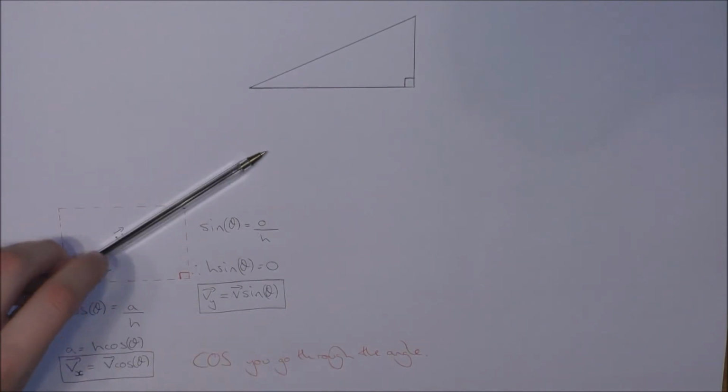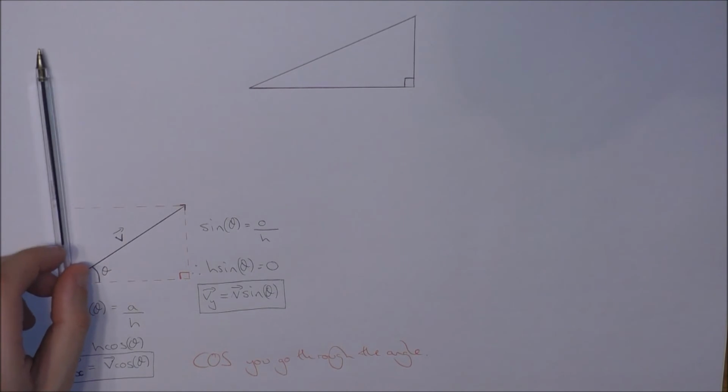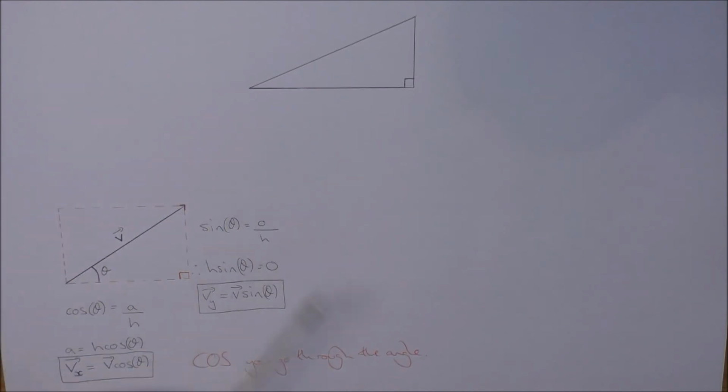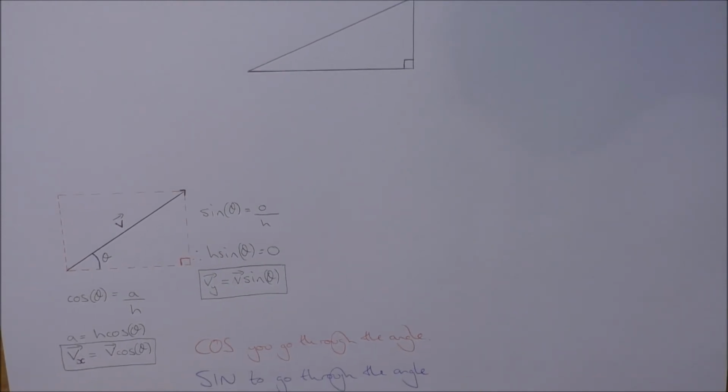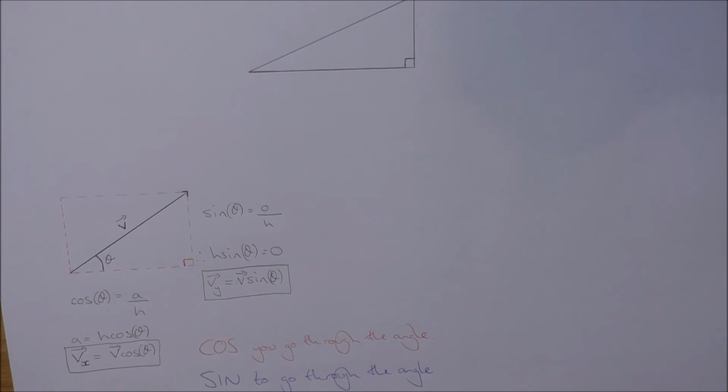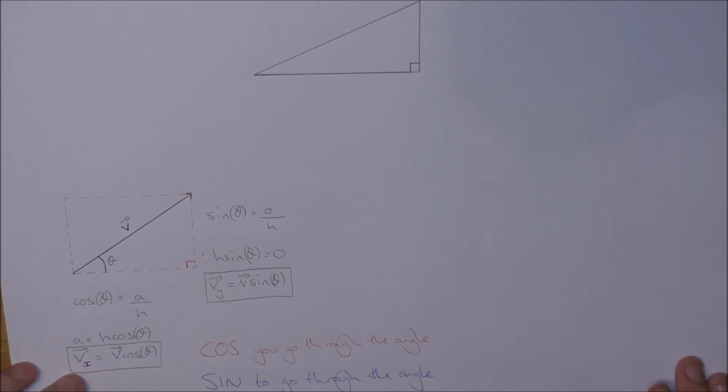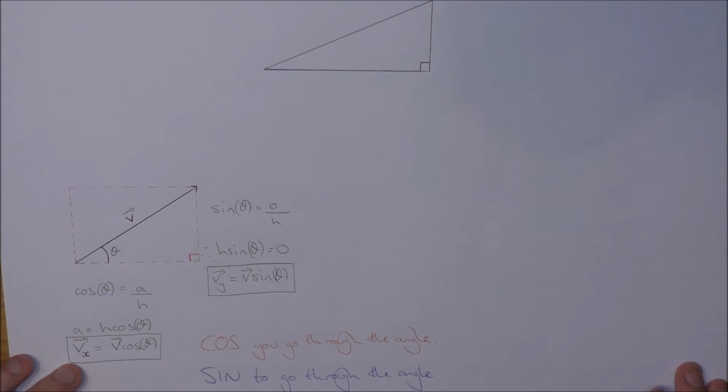And if I want to resolve the vector this way, I'm going away from the angle, and we can say that it is a sin to go through the angle, because we don't want to go through the angle if it's sine. So those are how I remember how to resolve these vectors. Just a nice easy little couple of sentences.